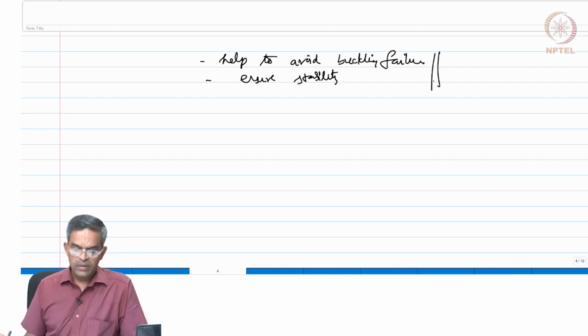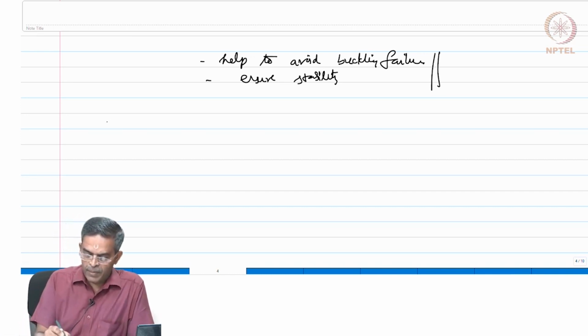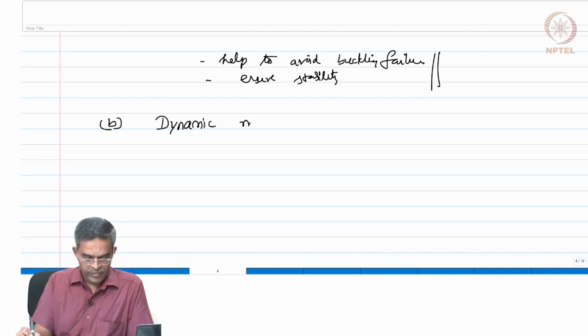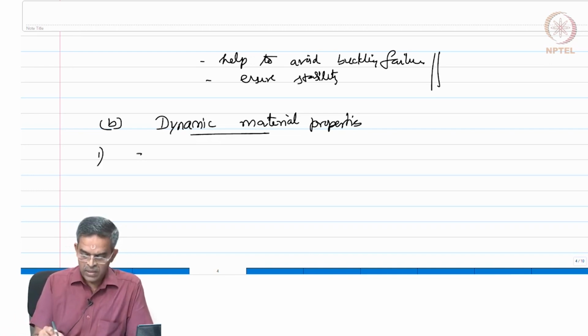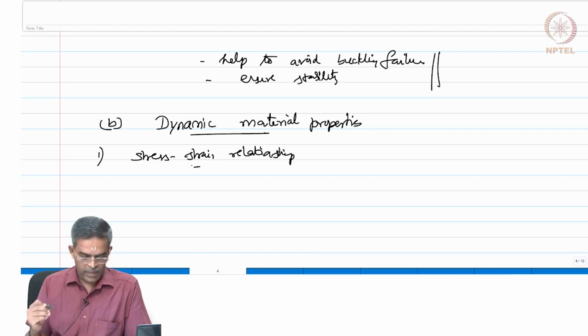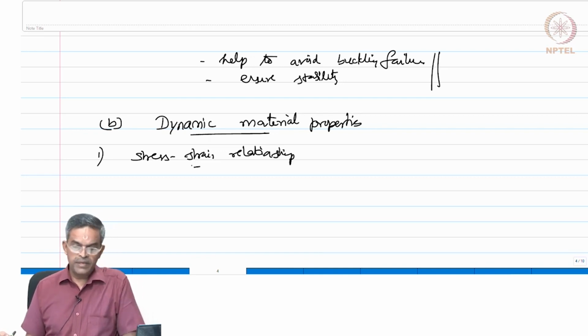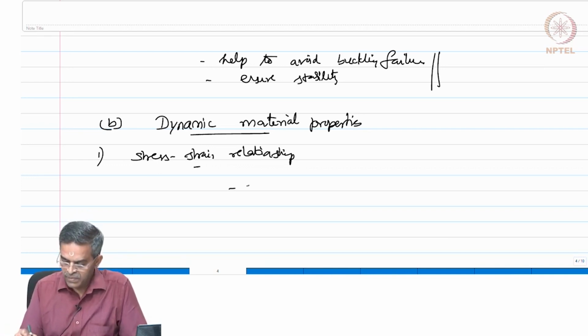Okay. So, now let us go one step forward and look at the dynamic material properties. In this, we will first start looking at the stress strain relationship. The response of the material under static or dynamic load is governed by the stress strain relationship, is it not?